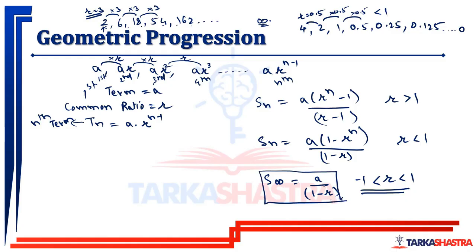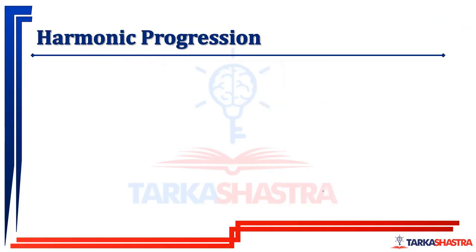Okay, this is how geometric progression works. Next is harmonic progression. The reciprocals of the terms of an arithmetic progression will be in harmonic progression. For example, a, a plus d, a plus 2d, a plus 3d, up to a plus n minus 1 d.